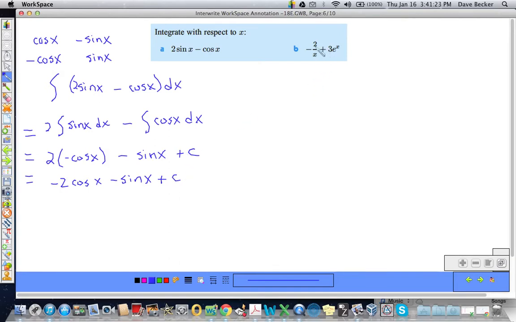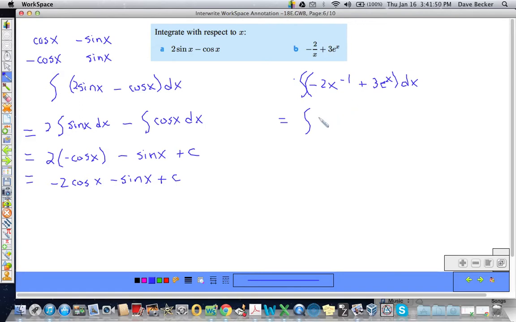Okay, so I'm going to rewrite this one as the integral of negative 2x to the negative 1 plus 3e to the x dx. Okay, so this is equal to, I'm going to add 1.